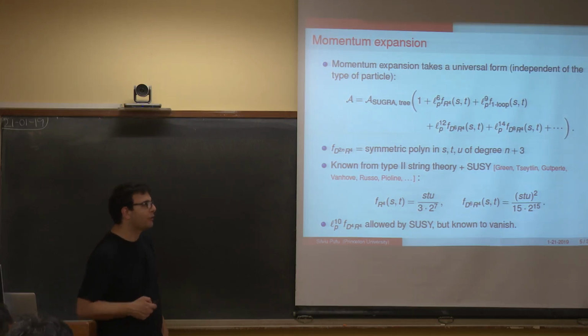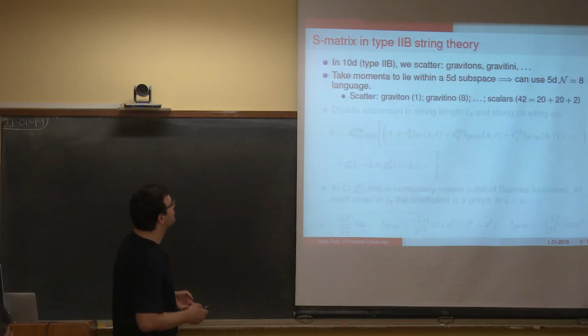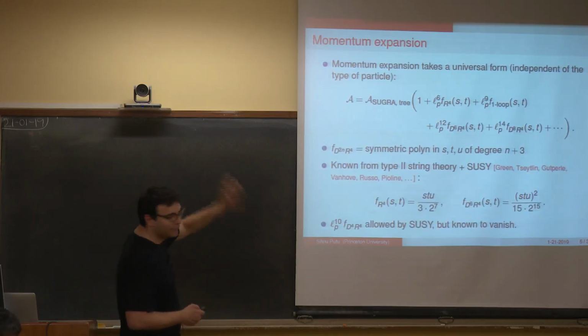There are three structures: a 2-derivative term, a 4-derivative term, and a 6-derivative term. Some of these happen to vanish. I don't know which ones vanish, which ones don't. We can look into it. Okay. This is 11.